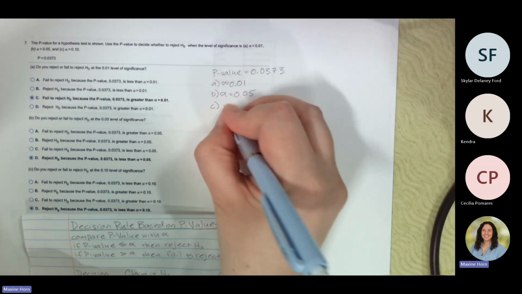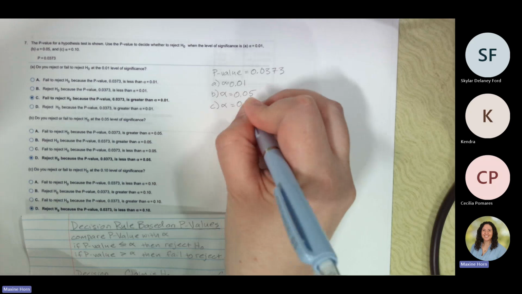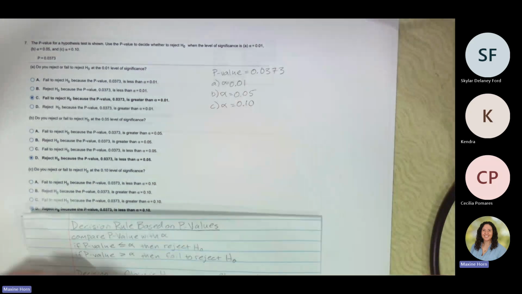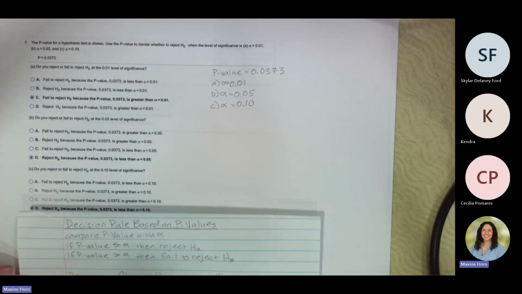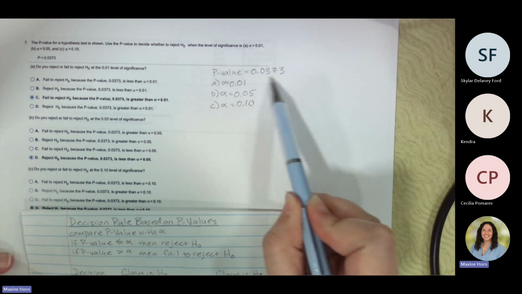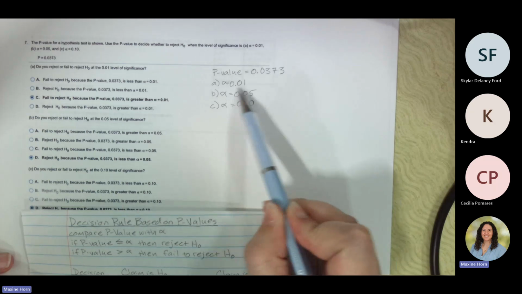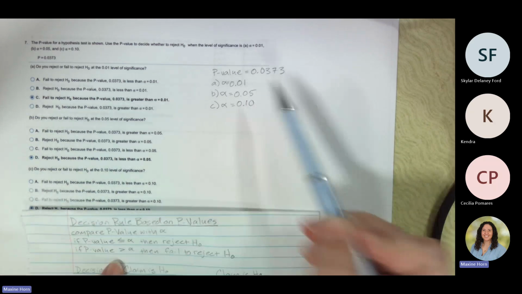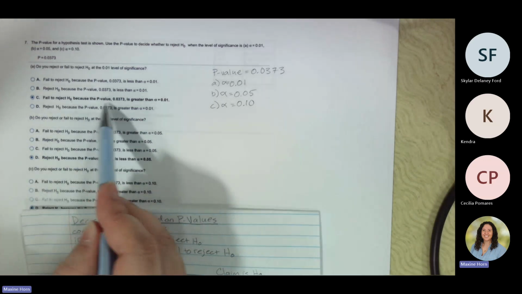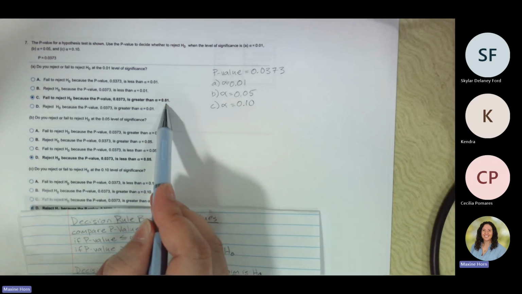And for C, we're comparing it to an alpha of 0.10. For the first one, 0.0373 is greater than this. What does the rule say? If the p-value is greater than the alpha, then we fail to reject the null hypothesis. We fail to reject the null hypothesis because the p-value is greater than the alpha.